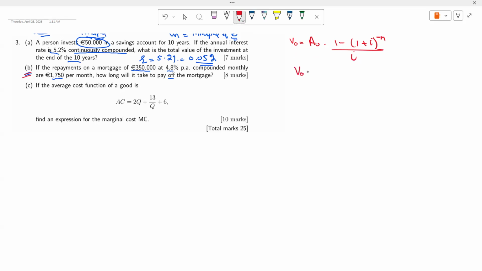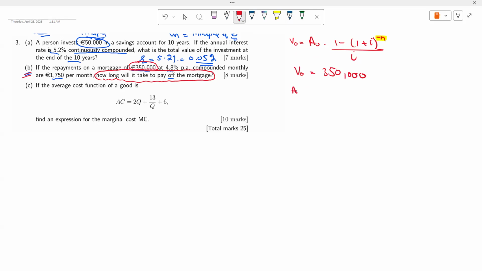I need to find how long it would take to pay off the mortgage, right? So I'm more interested in finding n. I know the present value, the value that I'm getting today, which is the loan, 350,000 euros.